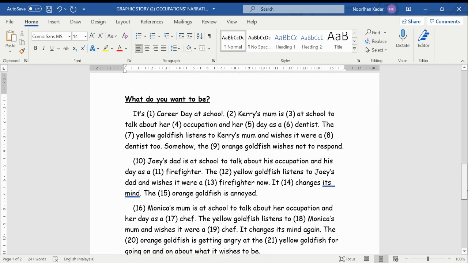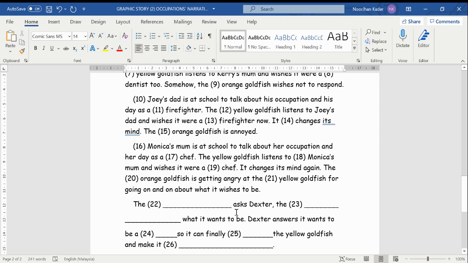Okay, so what is the answer? Let's write the answer first. The answer will be the yellow goldfish, that's the starting of the third frame. The yellow goldfish asked Dexter.